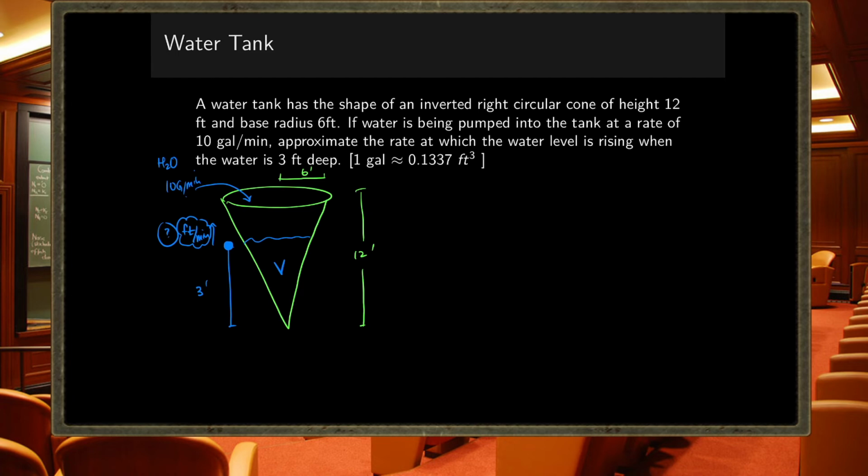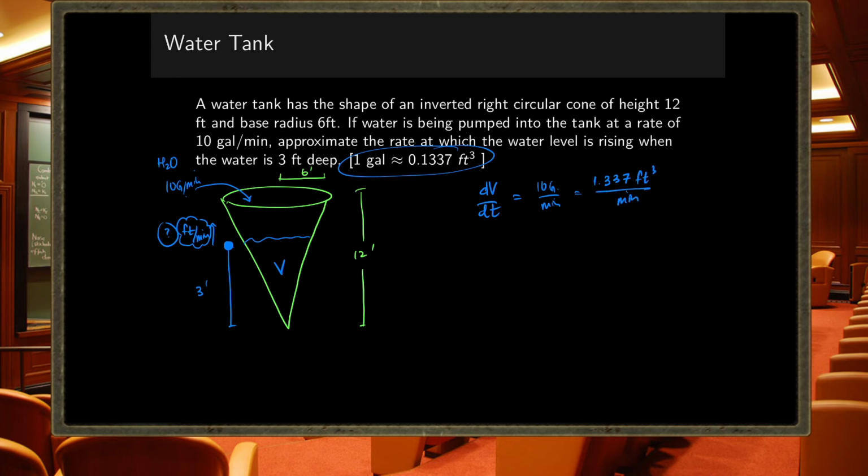So let's see what we've got. The water is changing 10 gallons per minute. So we know that dV/dt, the rate at which the volume is changing with respect to time, is 10 gallons per minute, which, using the conversion rate we've been given, is really 1.337 feet cubed per minute.